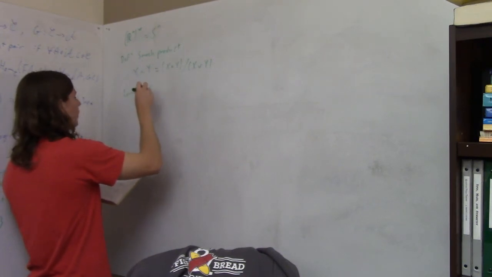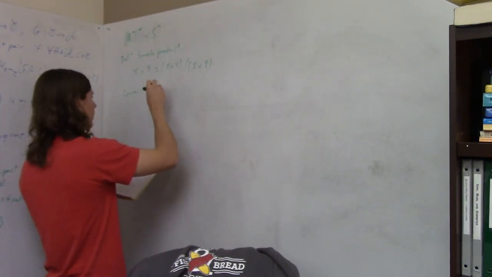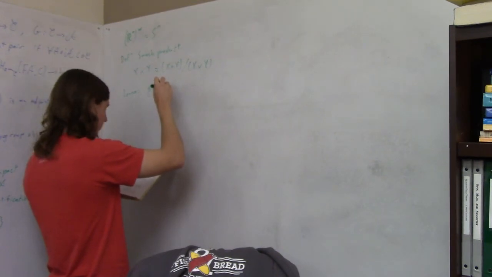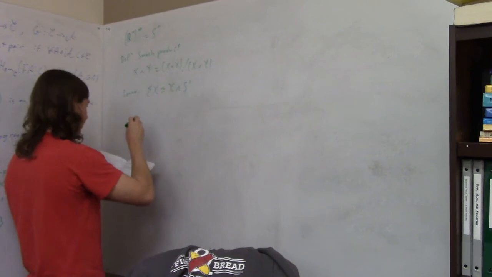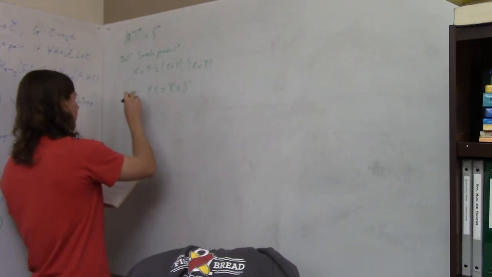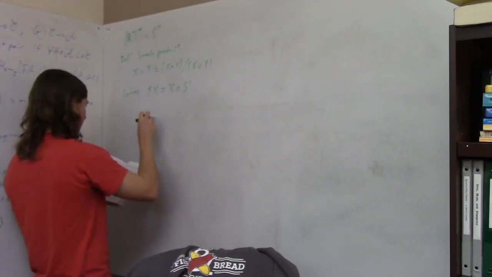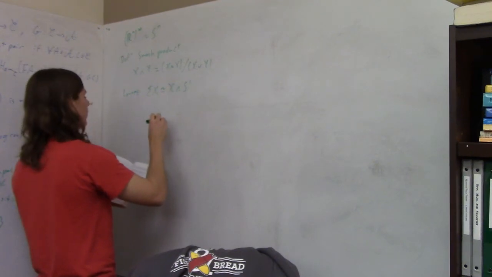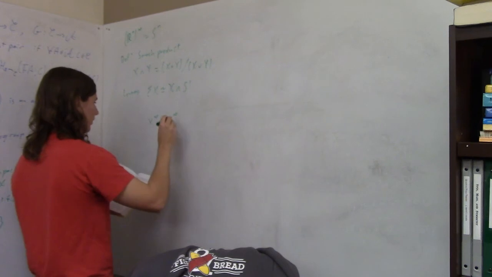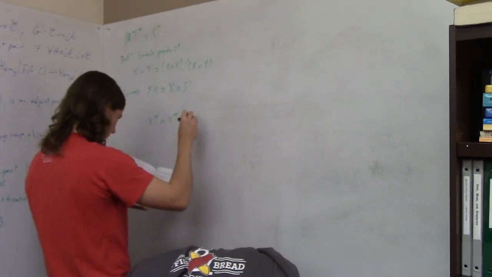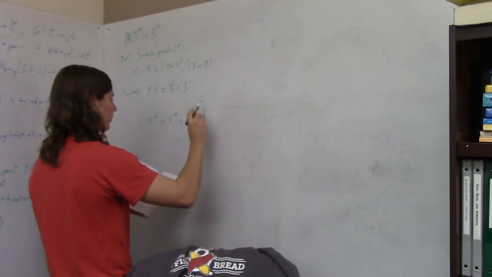We have that the suspension of X is homeomorphic to X smash S1. And the 1-point compactification of X and the 1-point compactification of Y smashed together is equal to X cross Y, but the 1-point compactification of that.